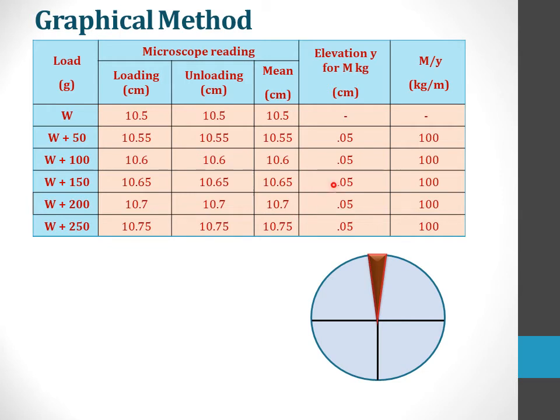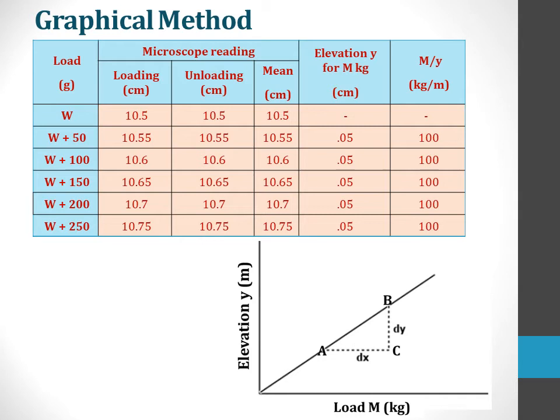From this, we proceed and find out what is m by y. The mean m by y value is calculated. Using the elevation values and the load values, a graph is drawn with the load along the x-axis and elevation along the y-axis.